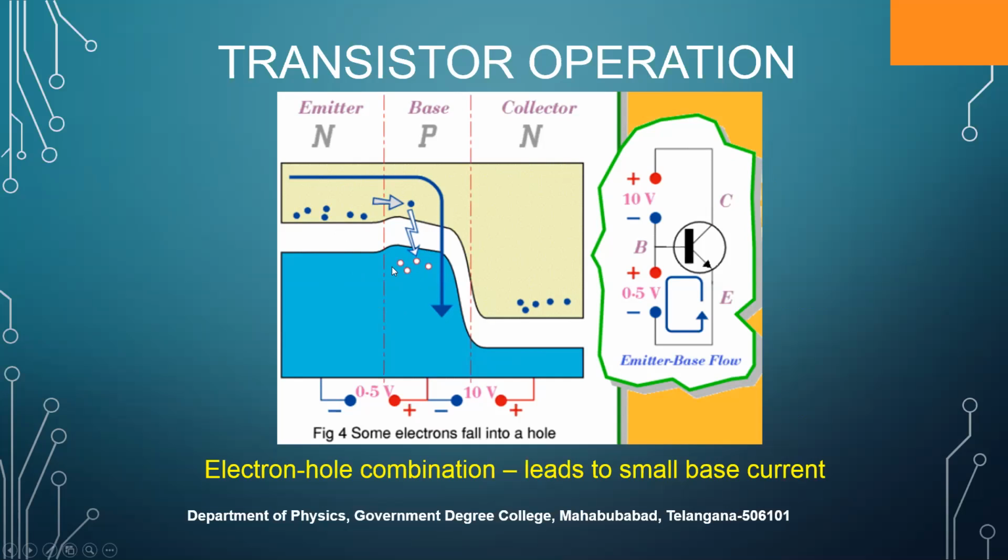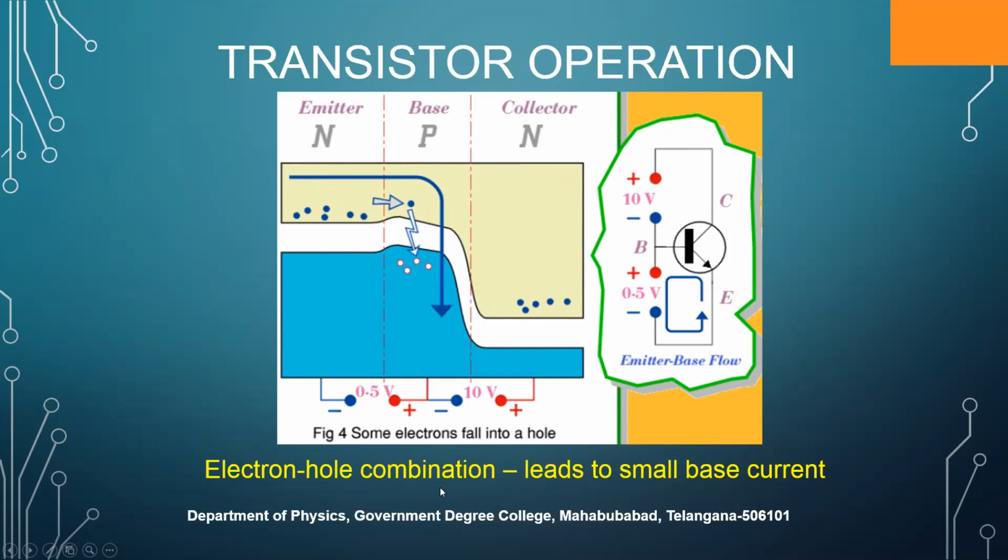Because of recombination of electrons and holes, this constitutes a current that is called base current, that is IB. We represent the emitter current with I subscript E. And after this recombination, the maximum portion of electrons comes to the collector. This constitutes the collector current.